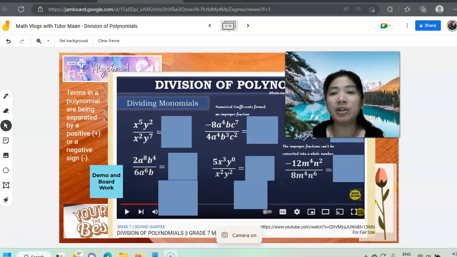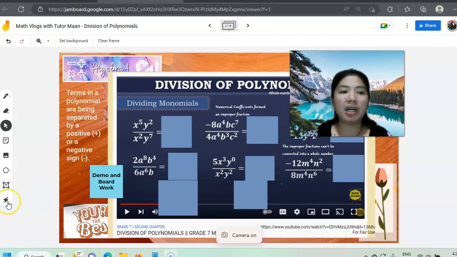But Tutor Maan or Tita Maan, we have a lot of variables here in these expressions. Even if there are a lot of variables in this expression, it is still a monomial because we don't have a positive sign or a negative sign separating terms or separating expressions.